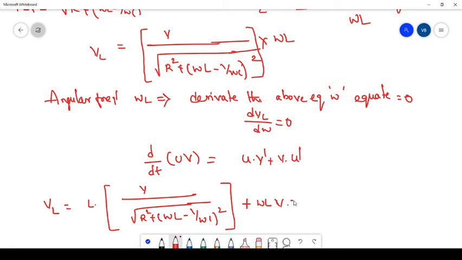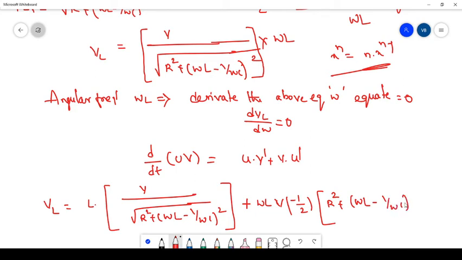That is minus 1 by 2 into the total term, R square plus (omega L minus 1 by omega C) whole square. The derivative of x power n is n into x power n minus 1, so already we have minus 1 by 2 and minus 1.